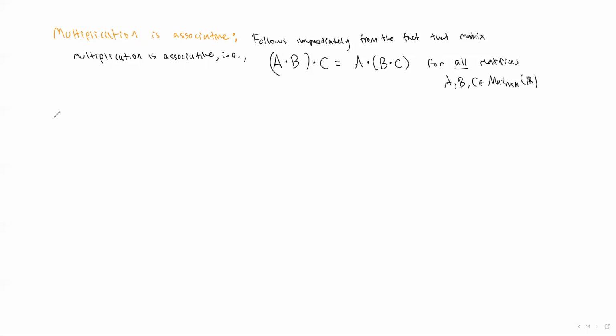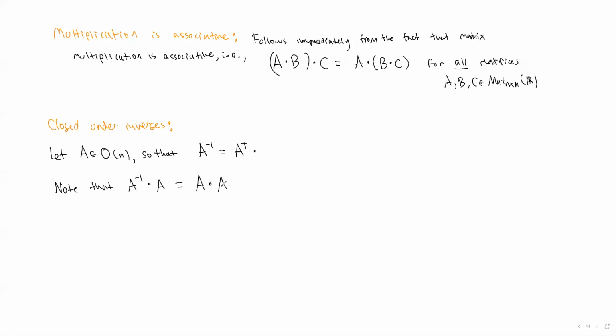The last thing we need to check is that it's closed under inverses. So let A be an element of O_N, so that A inverse equals A transpose. Then we must check that, well, first, note that A inverse times A equals A times A inverse equals I_N.